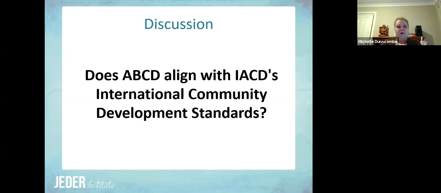And where are some of the areas that we may be able to strengthen what we do in our ABCD work to align more with those standards if we need to? So I'm going to stop sharing now. Over to you.